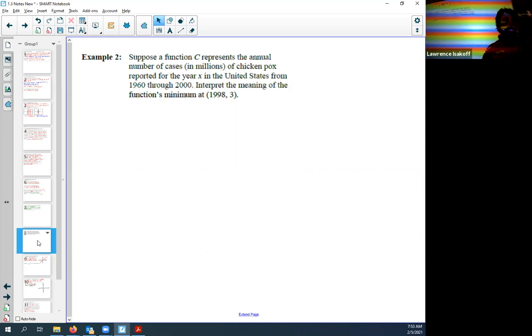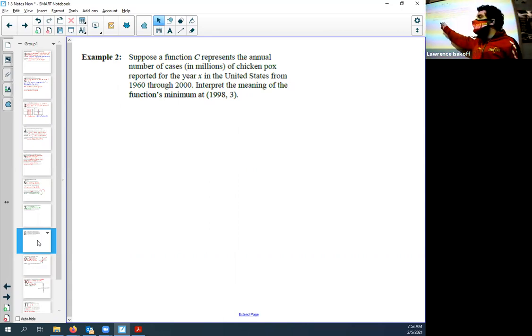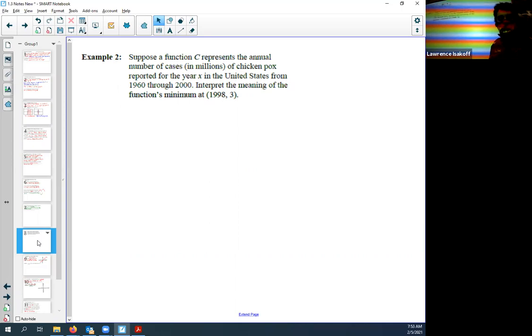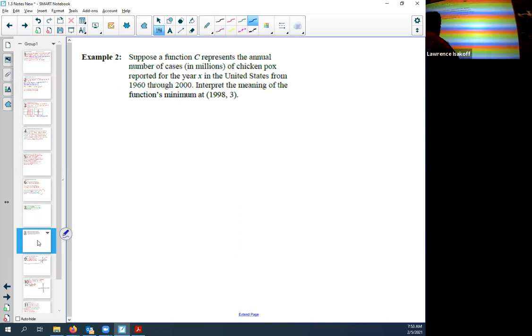So if it's a minimum, am I going to be at a high point of chickenpox or a low point of chickenpox? Low point. What does 1998 mean in this context? Yeah, it's the year where it's at the low. So the 3 will represent 3 million cases.